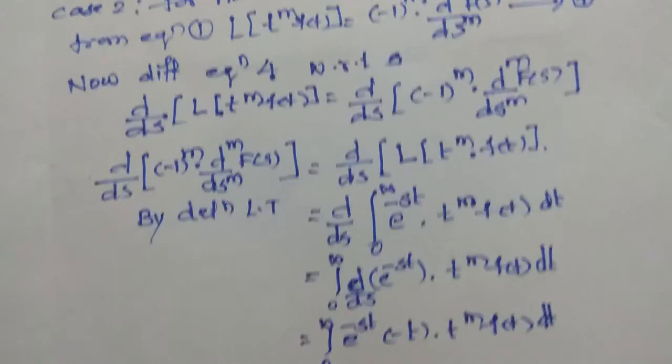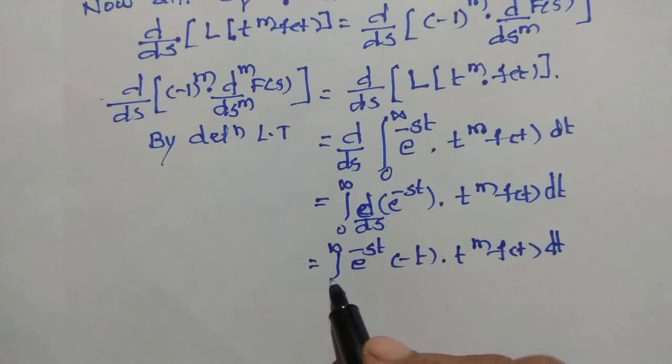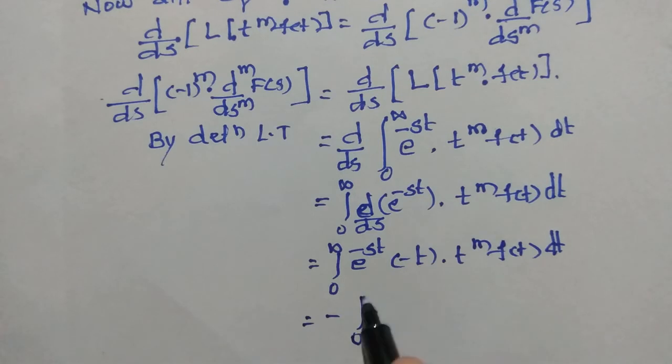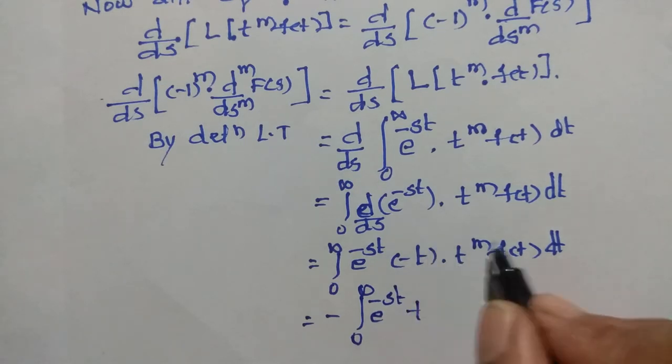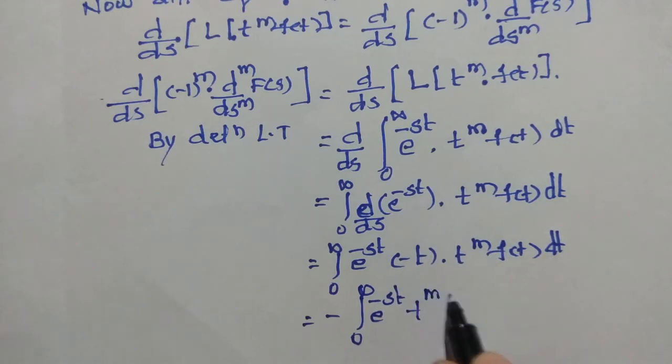Now again take the minus sign outside: 0 to infinity e raised to minus st, and you are left with t raised to m into t, that is t raised to m plus 1 f of t with respect to t.